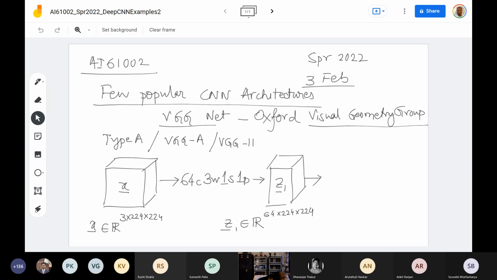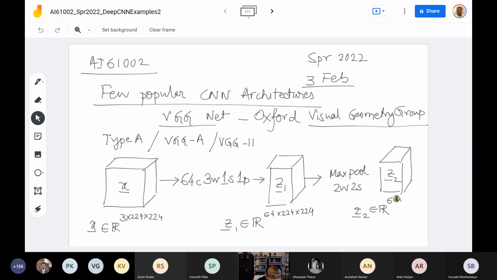Okay. Now, after this, you have a max pool operation, a max pool with 2W, 2S. So you get Z2.